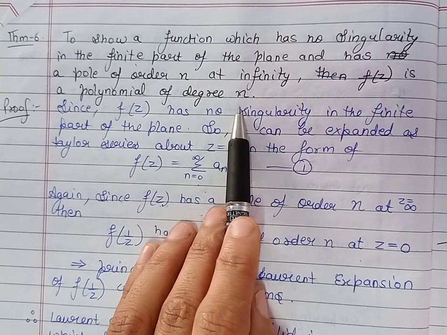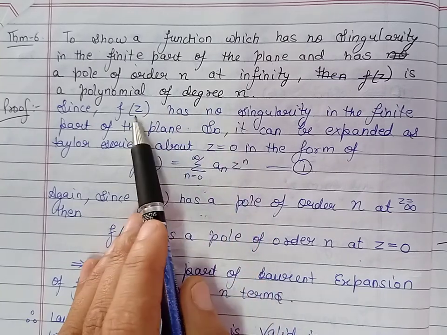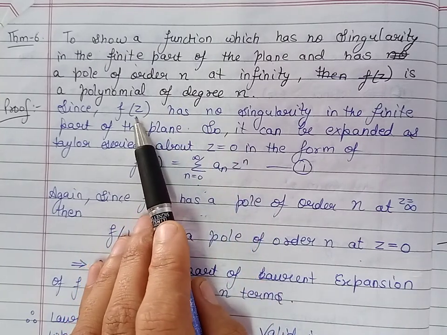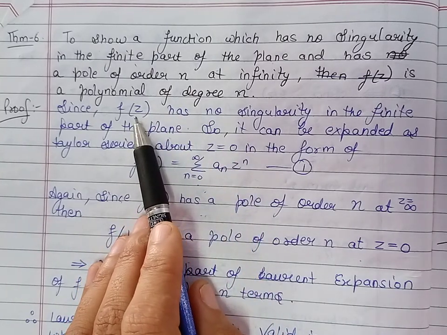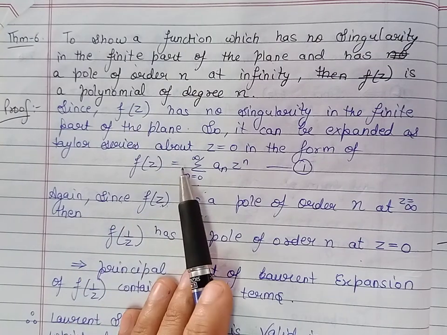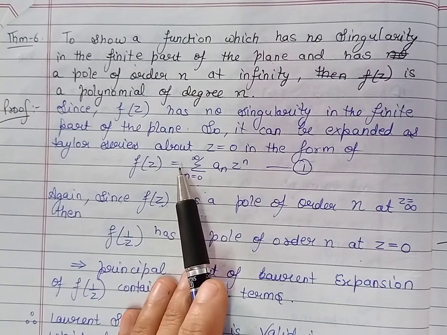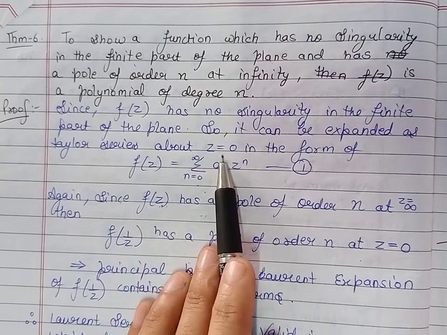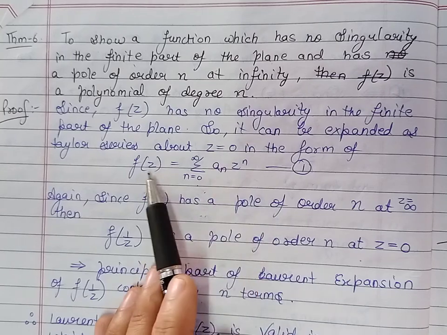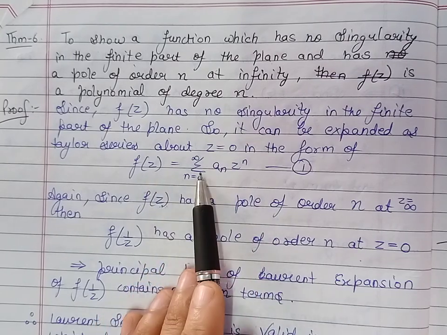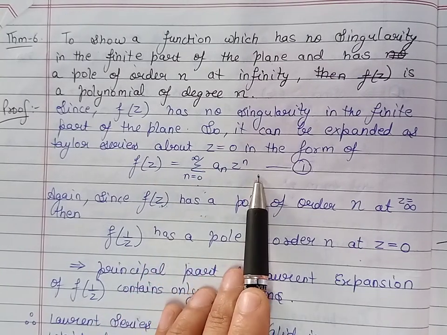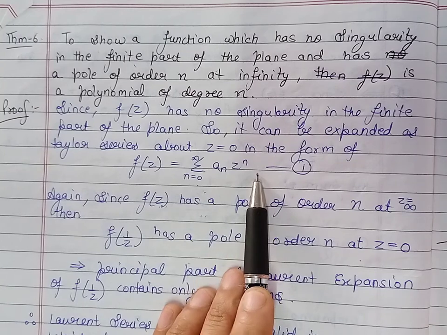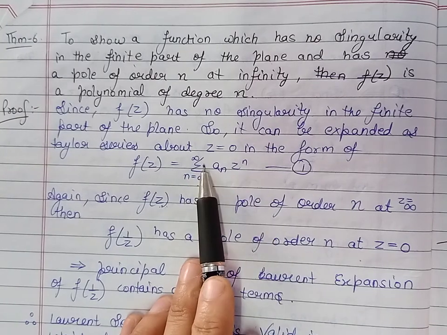So let us take a function f of z which has no singularity in the finite part of the complex plane. We can expand it by using Taylor's theorem about the point z is equal to 0. Its expansion is given by f of z is equal to summation an z raised to the power n, where n varies from 0 to infinity.